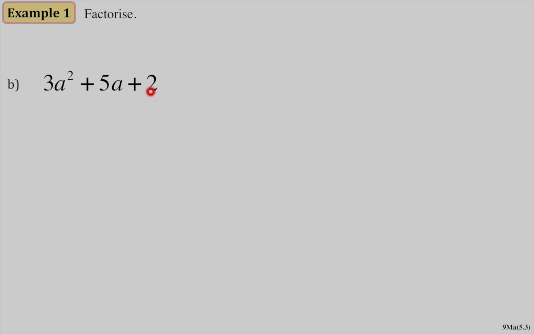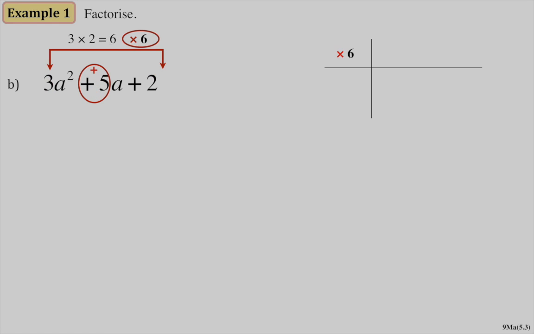And look at the number on the end. It's a 2. We have to multiply those two numbers together. 3 times 2 gives 6. So what we're actually chasing are numbers that multiply to give 6 and add to give 5.